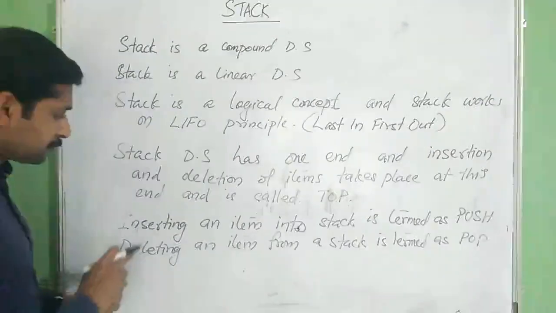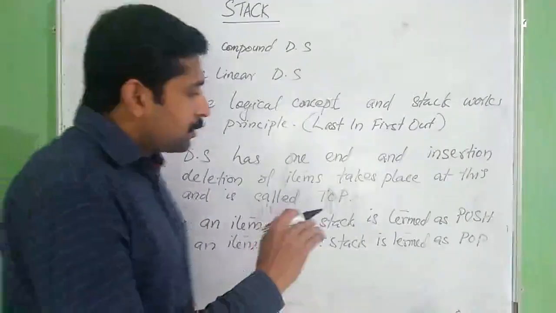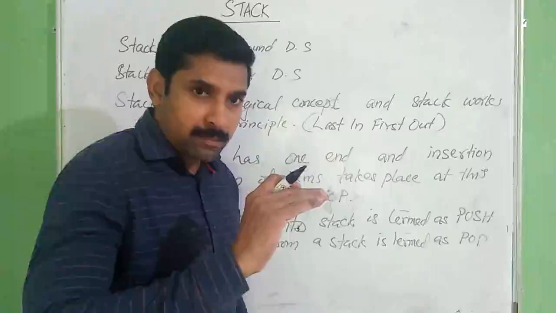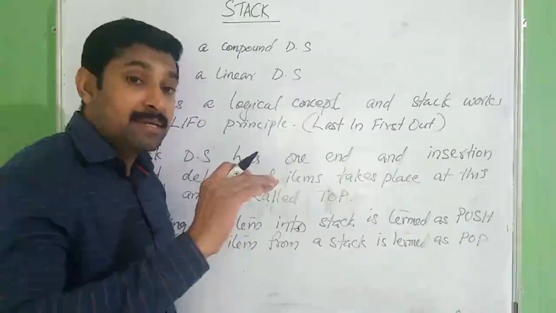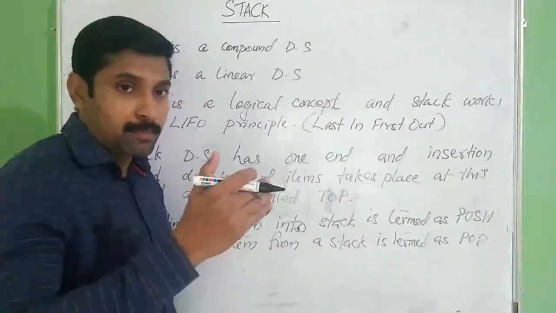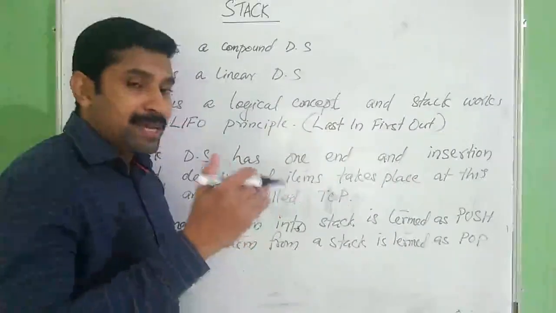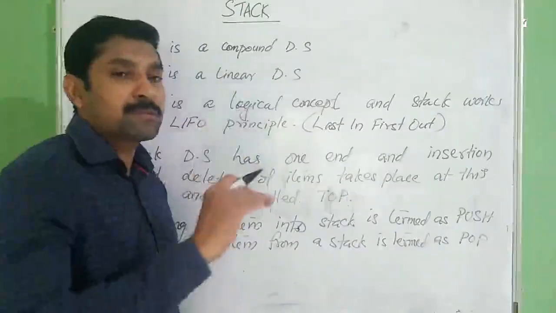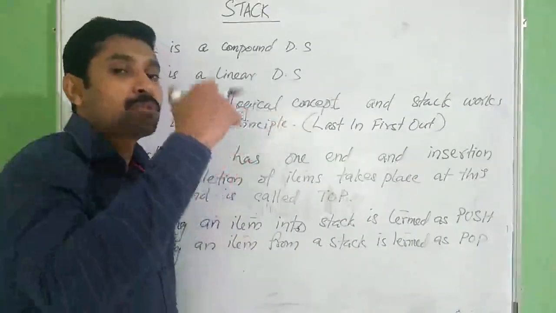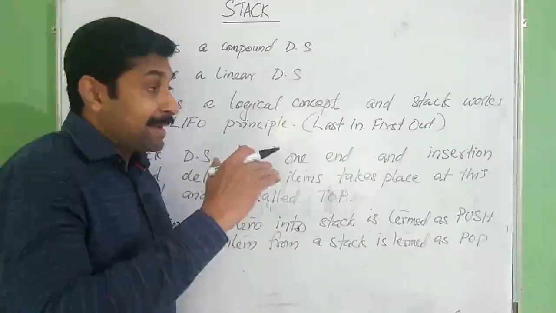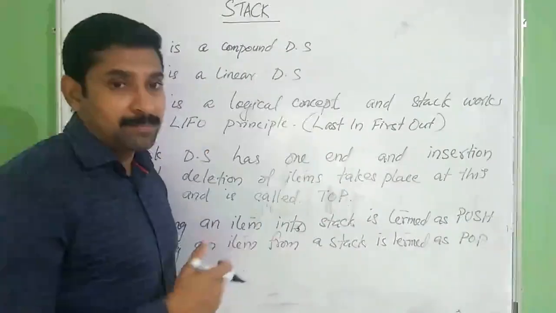Now, when the stack is full, suppose a stack has 10 locations and we have entered all the 10 items into the stack, and again we are trying to add new item. What happens?